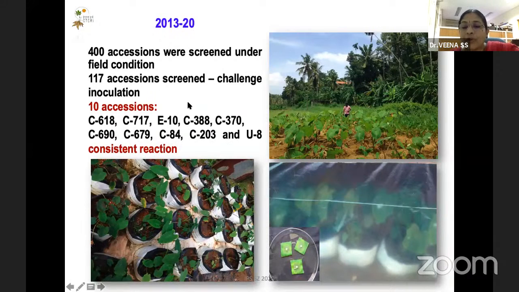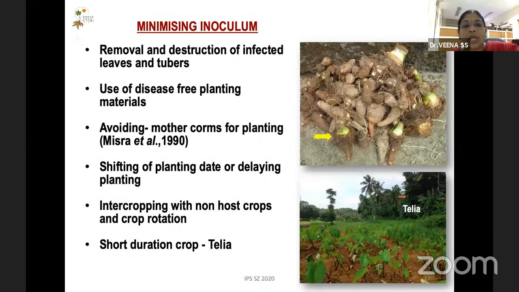Whichever accession showed some resistance in the field, we challenge inoculated again by growing it in pots. These 10 accessions continued to show the resistant reaction for the last 5 to 6 years. Now our crop improvement division is evaluating them for other agronomic traits. Once those are also good, they will be released soon.